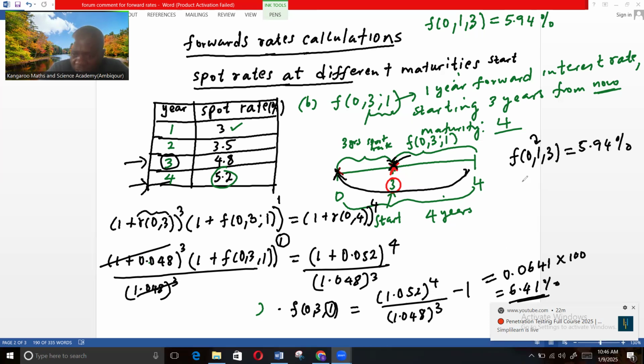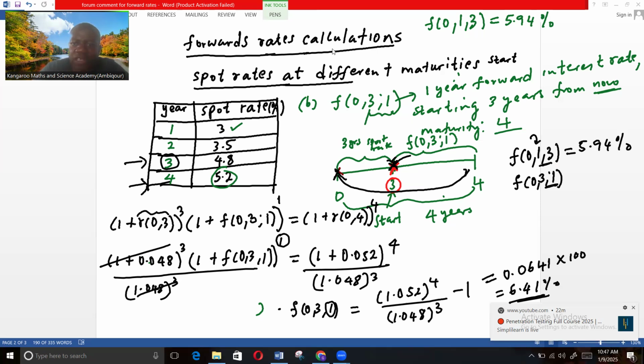But the 1 year forward interest rate started 3 years from now, with the maturity of 4 years, is 6.41%. They both have the same maturity, but their starting point is different. The maturity date is 1 plus 3, it's 4 years. So that is what you're supposed to do when you are determining the interest rate.